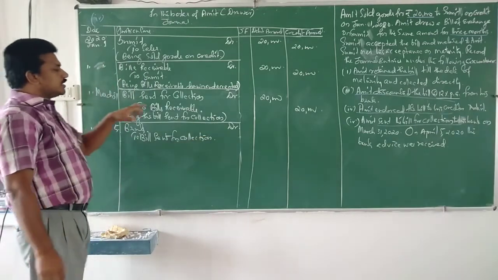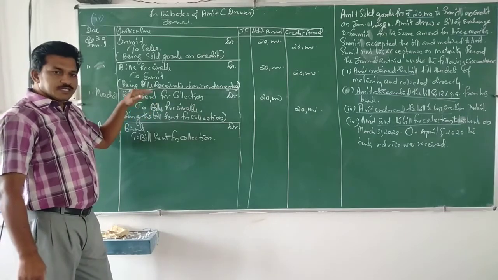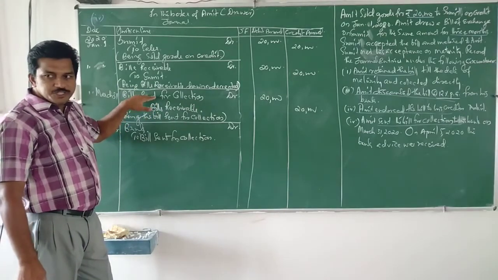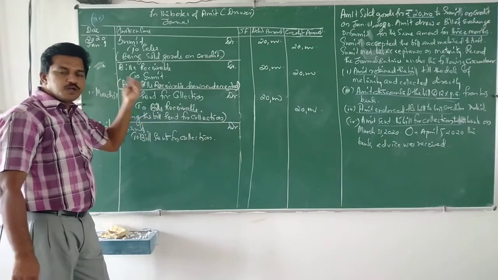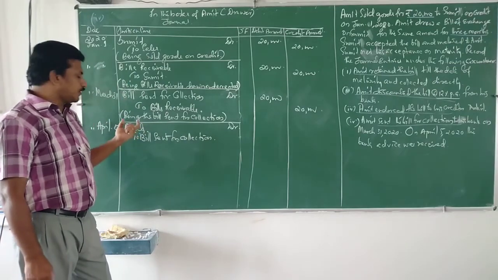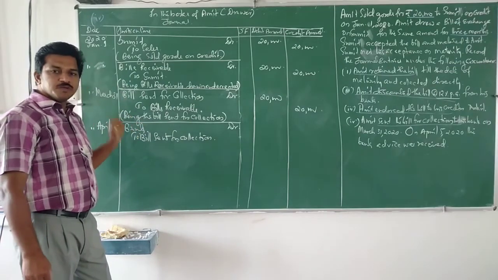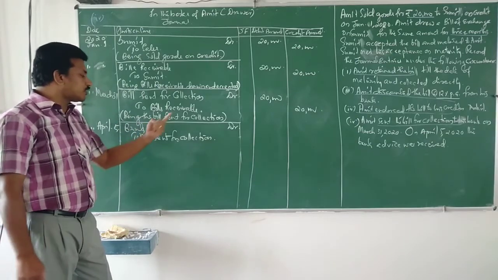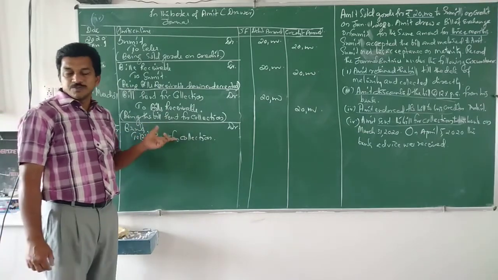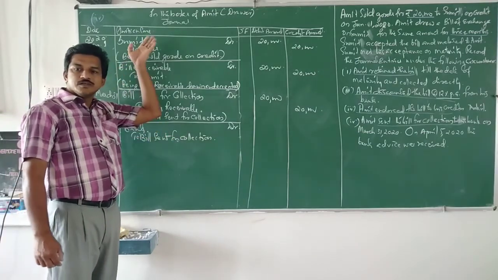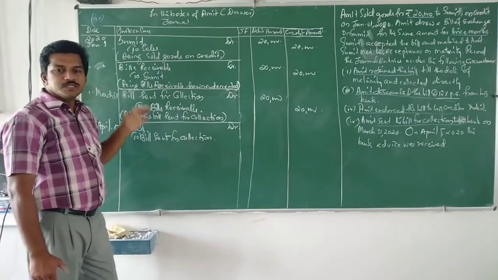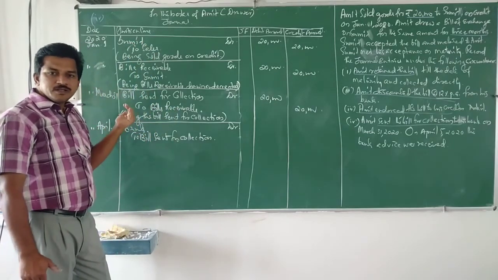That means this asset, bill sent for collection, is cancelled, and money is credited to our bank account. When the bank informs us that money is received, we will write bank account debit to bill sent for collection. This entry we have not written in the format of journal entries. This also you can add there.